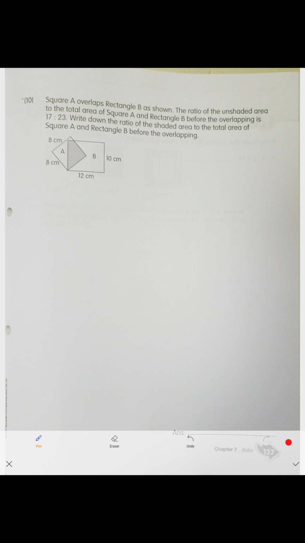Alright, this problem may seem tricky, but in fact, not so much. So we have our unshaded area, this white area, to the total area of the square and the rectangle before overlapping. So you need to imagine your square and your rectangle without overlapping.